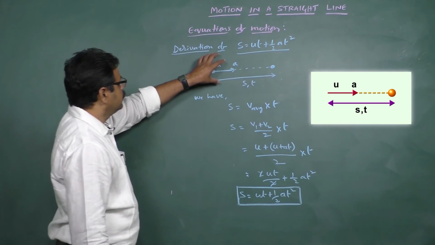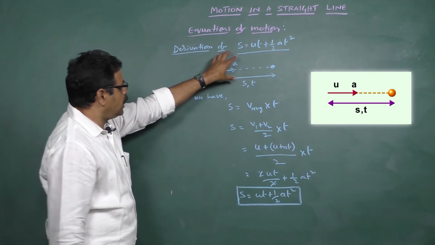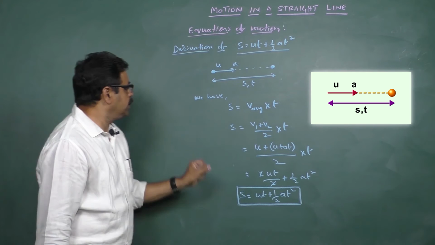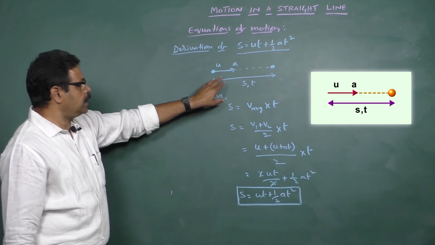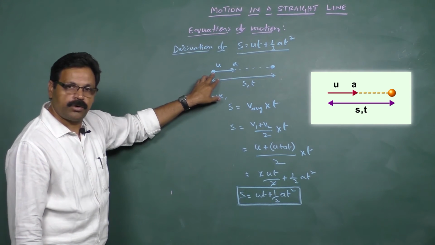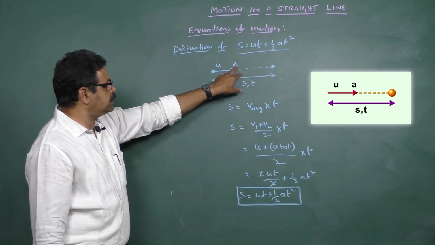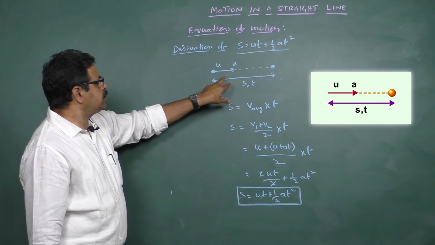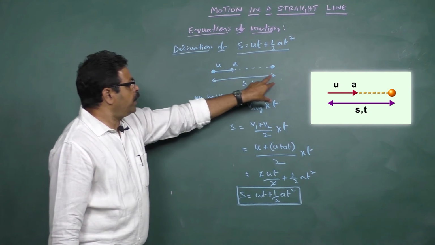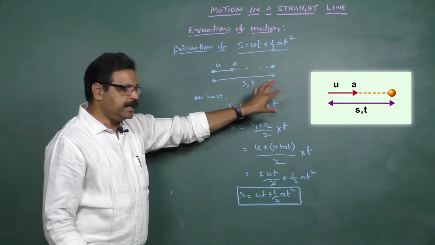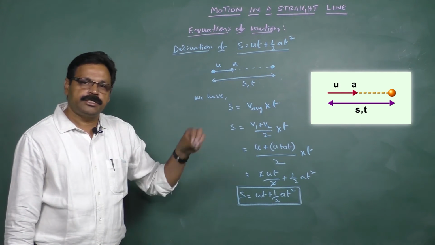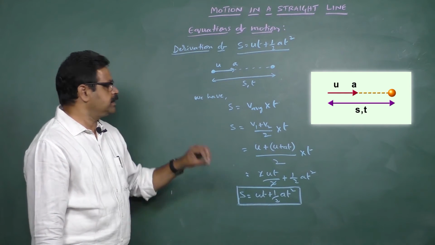So look here. Whenever we derive s is equal to ut plus half at square, let us consider a body starting with an initial velocity u and constant acceleration a, traveling through a distance s in time t, and we need to get the relationship between all these four physical quantities.